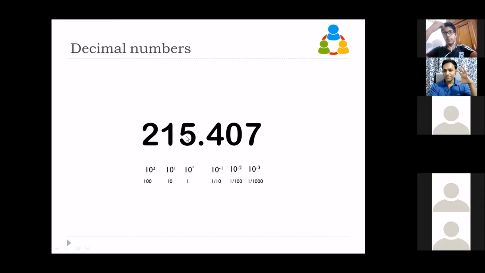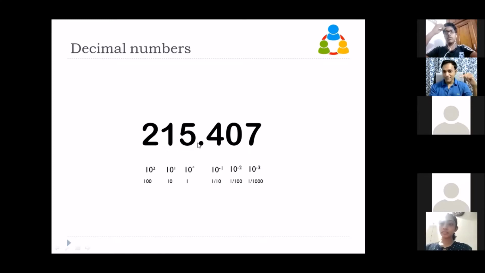If it is a 60 base system, this 10 will be replaced by 60. If this is a 16 base system, 10 will be replaced by 16. So in a 16 base system, after the decimal, the first number is 1 by 16, the second one is 1 by 16 square, the third one is 1 by 16 cubed.